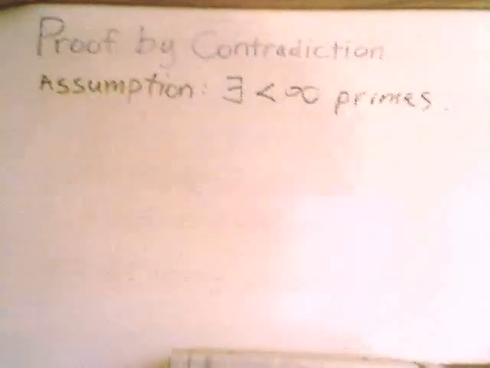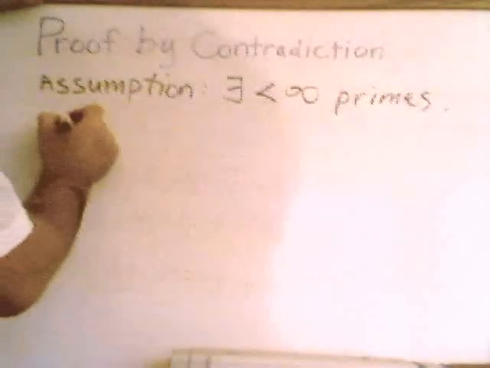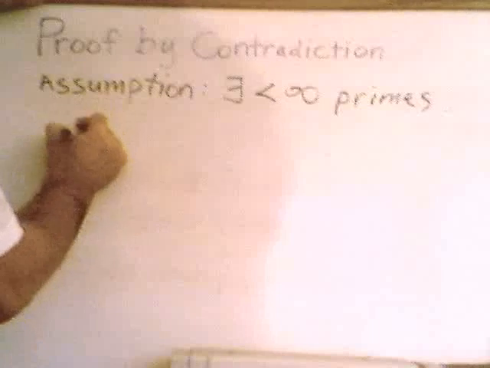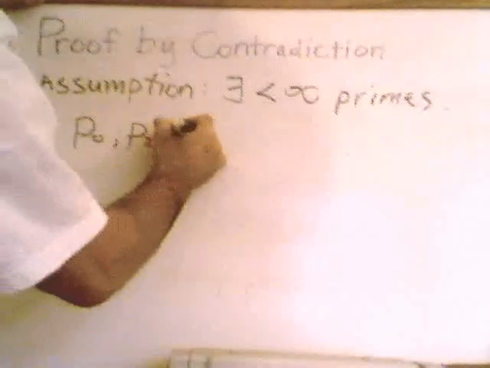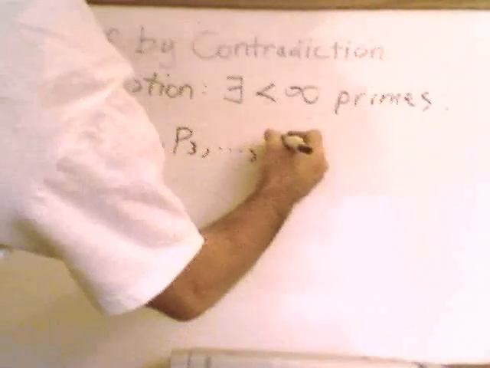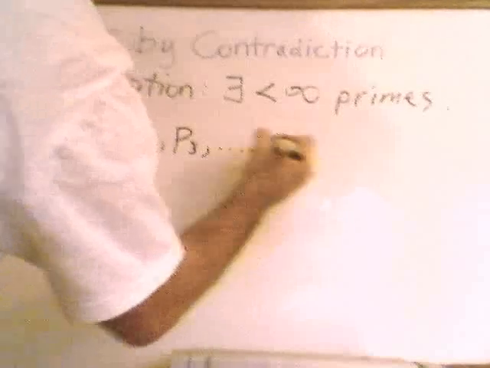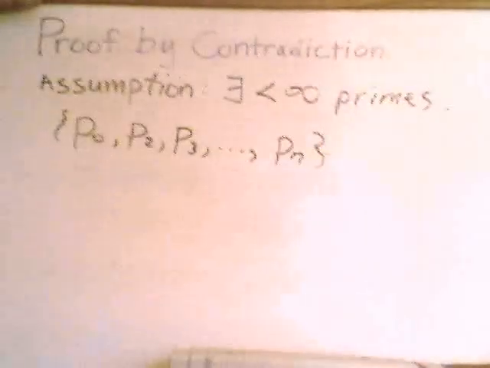So if there are a finite number of primes, it means that we can list them one way or another. And so we're just going to identify them by the symbols P1, P2, P3, and Pn. And this is going to be the set of all the primes.